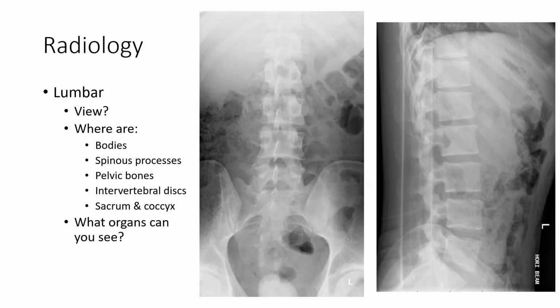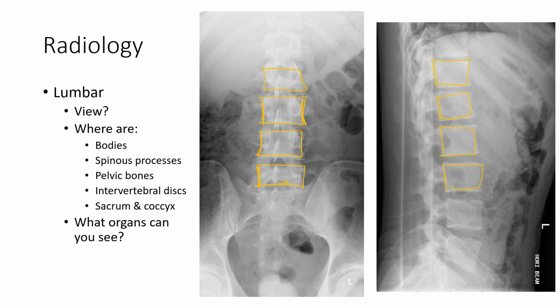Lumbar vertebrae, same sort of thing, right? So we can see the bodies of our vertebrae right there. They're nice and big, right? Very, very big. Can we see the spinous processes? We can see these actually. Oh no, the other view too. I keep forgetting to do this to both views. There we go.